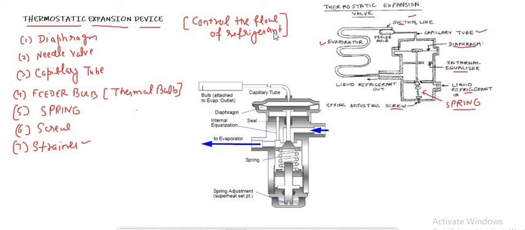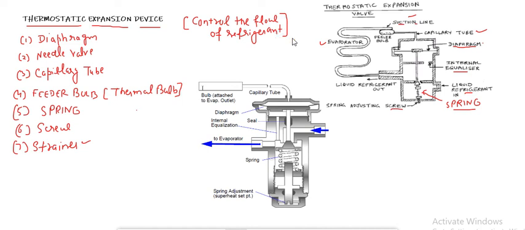The refrigerant enters the expansion device as a liquid and comes out as a liquid, but at reduced pressure. How much quantity should be sent into the evaporator is controlled by the expansion device.